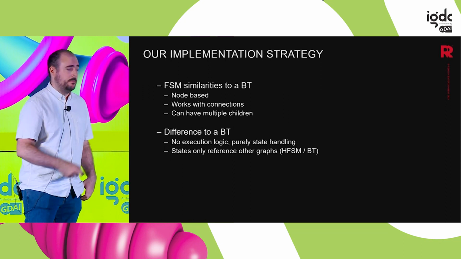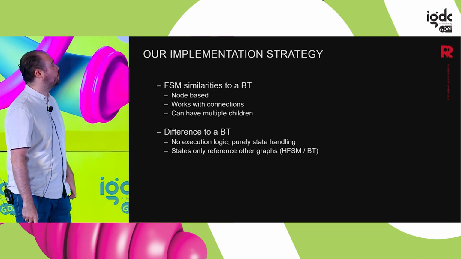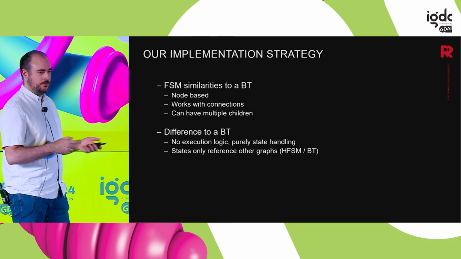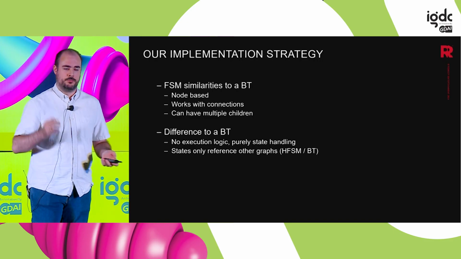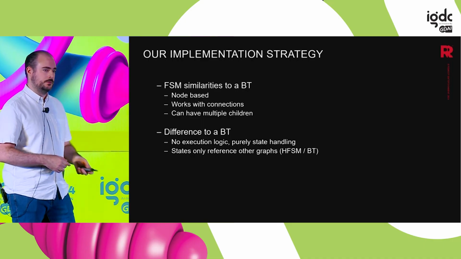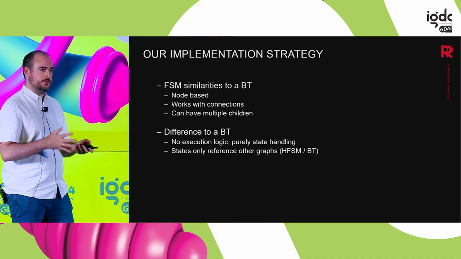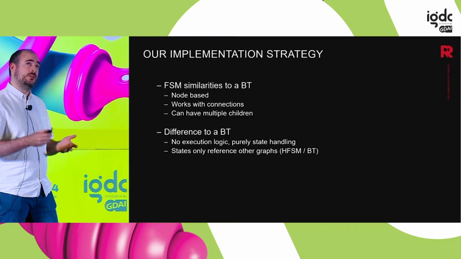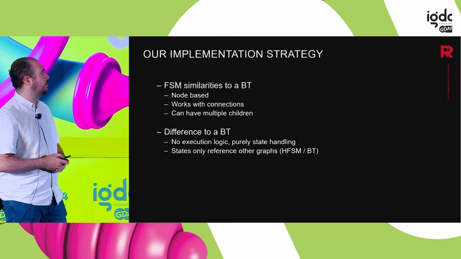So onto our implementation then. FSMs are really very similar to behavior trees if you look at it from an implementation point of view. They're both node graphs, they both have children, they both have decorators on those children in our implementation anyway.